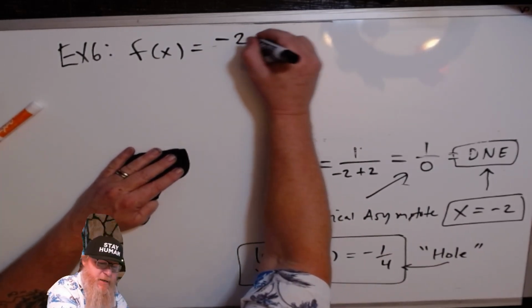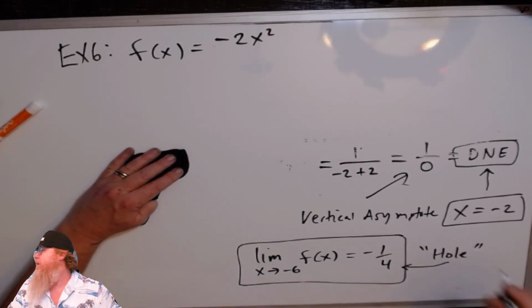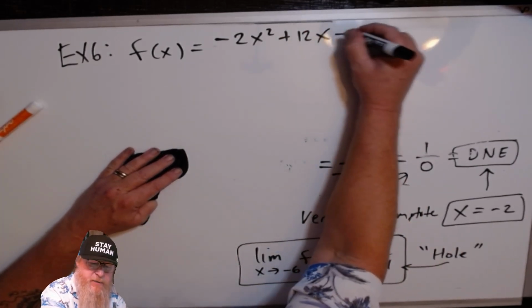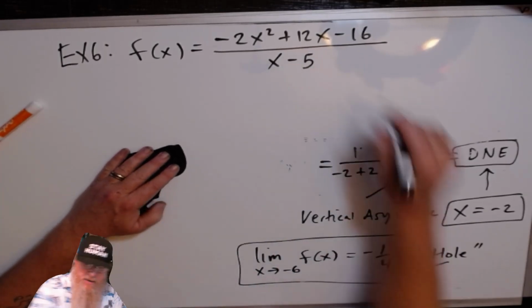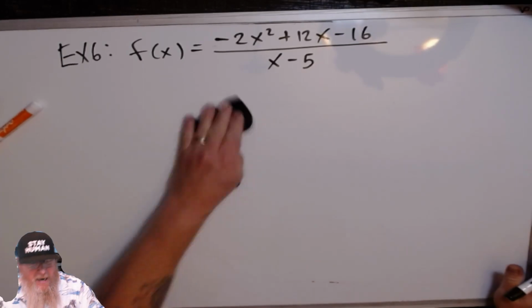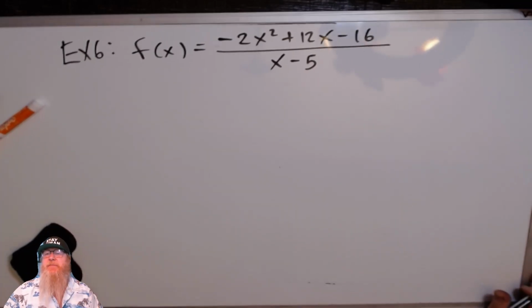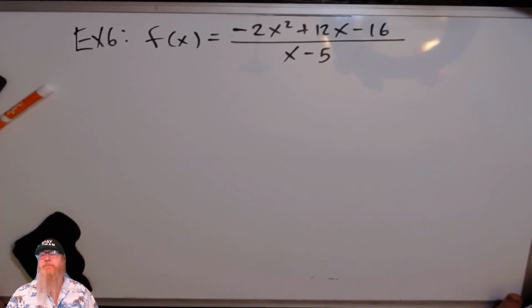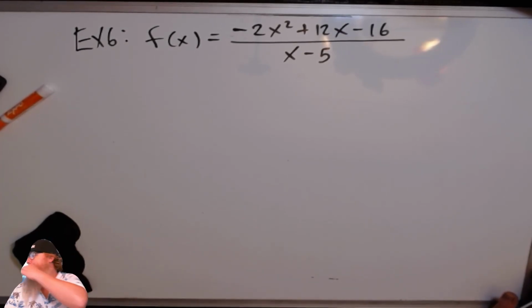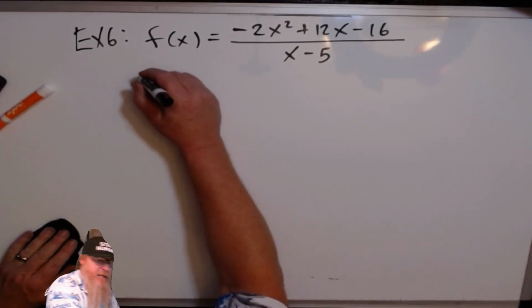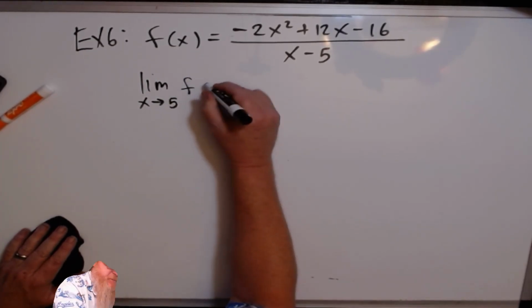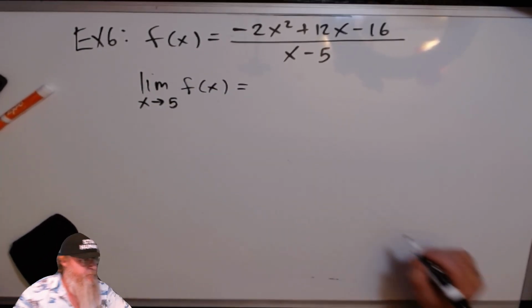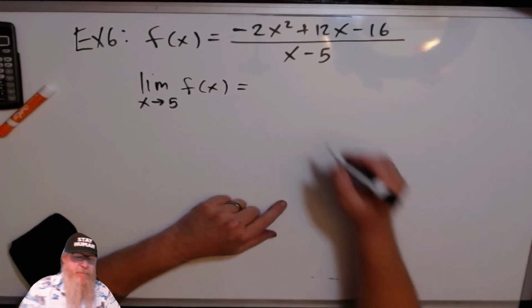Negative 2x squared plus 12x minus 16 over x minus 5. This time it's the denominator that does not need to be factored. All right, so there's a couple things I want to ask. What is the limit as x approaches 5? Let's see.